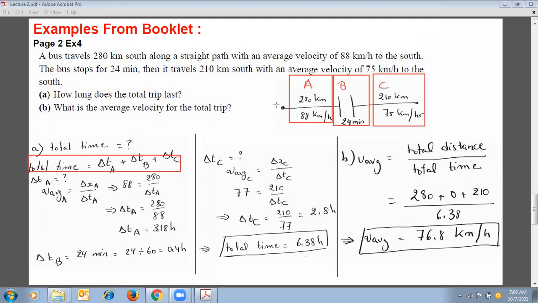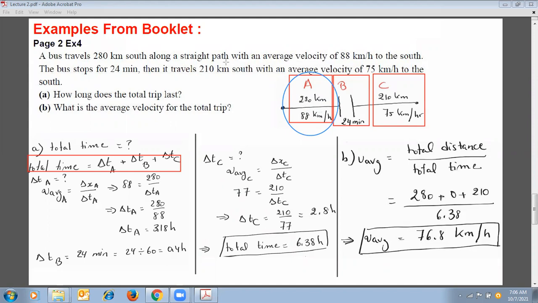Now, how much is delta TA? Do I know how to calculate it? Yes. Here, I have the distance and I have the velocity. Can I get the time?